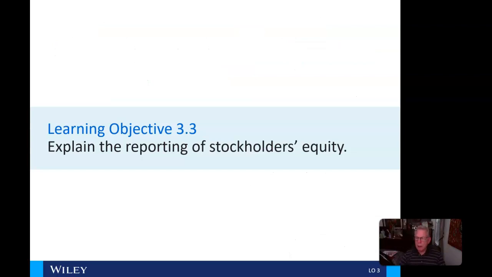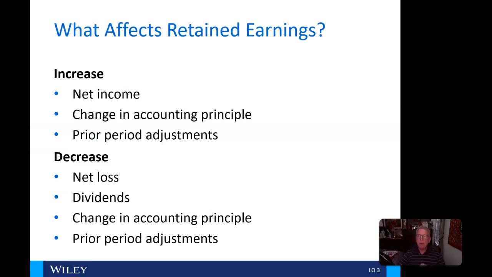All right, let's take a look at explaining the reporting of the stockholders' equity. I think that last section was the most difficult in this chapter, but here we'll take a look at what affects retained earnings. Of course, you know by now, net income increases retained earnings, and it's possible we could have a change in accounting principle that might jack that up a little bit, or jack that down a little bit, as the case may be here.